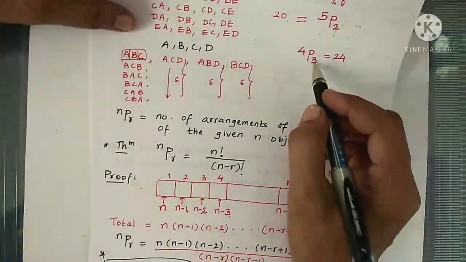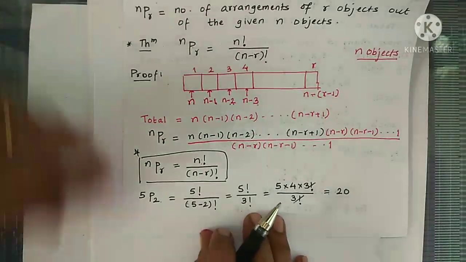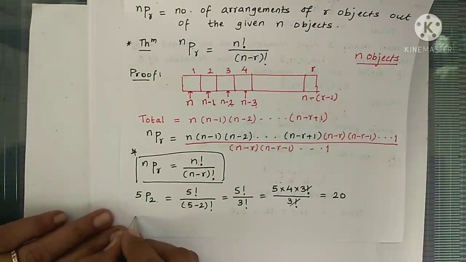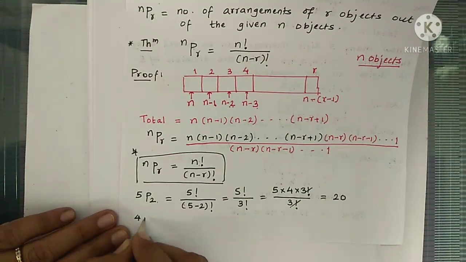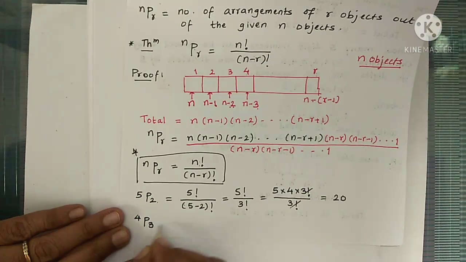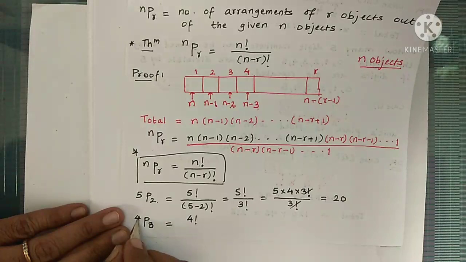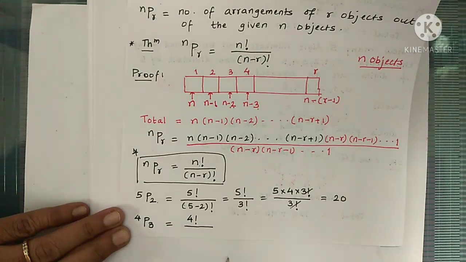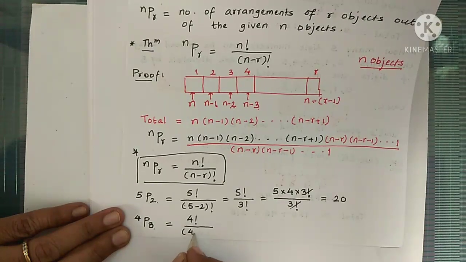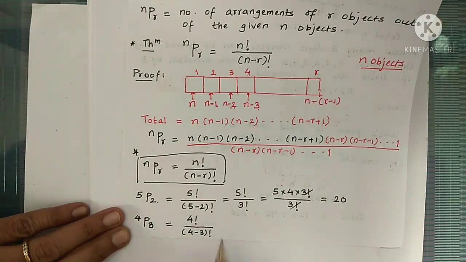Let's find out 4P3 also. We already know the value of 4P3 is 24. Let's find out using this formula. 4P3. We have to write the factorial of this number first, divided by the factorial of the difference in the denominator. 4 minus 3 factorial.